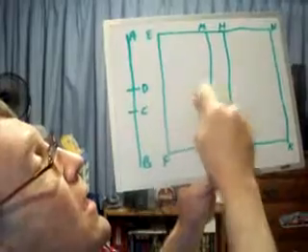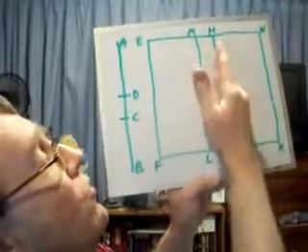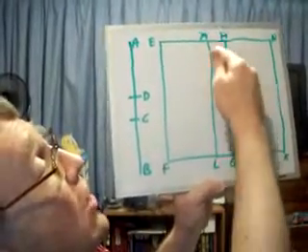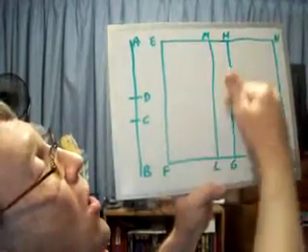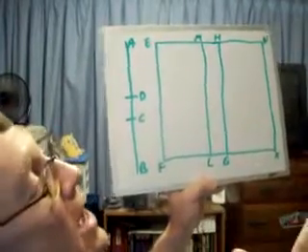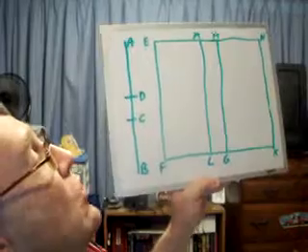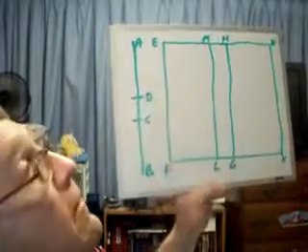So that area right there, and we're including this all the way from here to here. All that area is going to be the same as the area of the squares AC and CB.